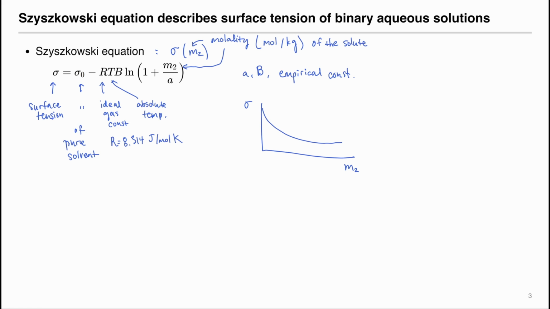However, as the solute concentration increases, the change in the surface tension is less and less. Using the Szyszkowski equation, we can relate the surface tension of a solution to the solute concentration for a binary aqueous solution.